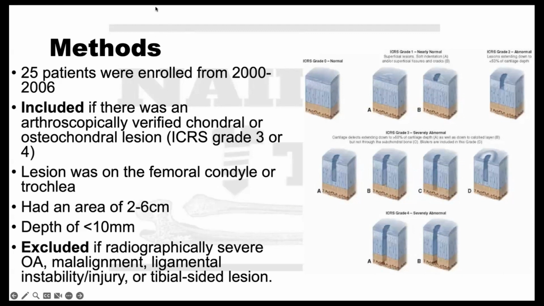They had a very strict inclusion criteria, including that the lesion had to be on the femoral condyle or trochlea, had to have an area of 2 to 6 centimeters, and a depth under 10 millimeters. They were excluded if there were other issues that we were talking about earlier, if there was severe osteoarthritis, malalignment, ligamental instability or injury, or a tibial sided lesion.